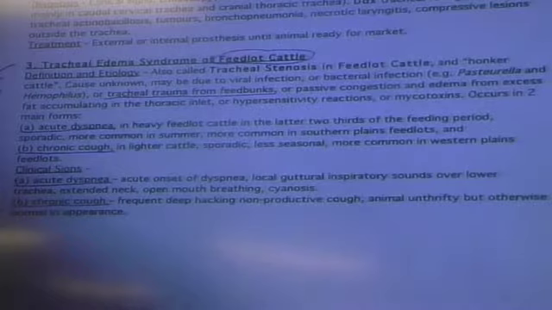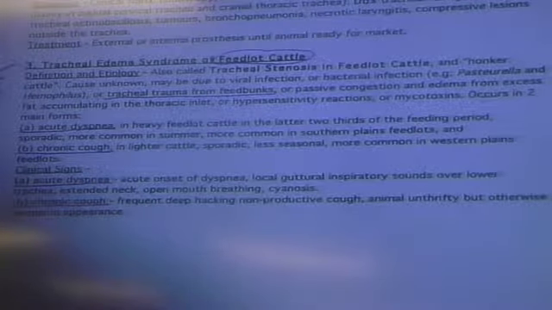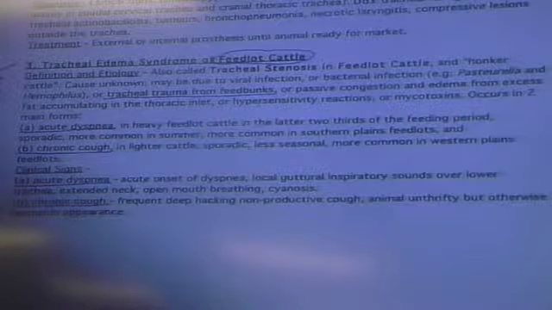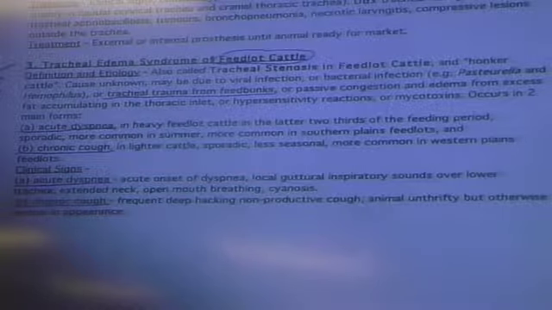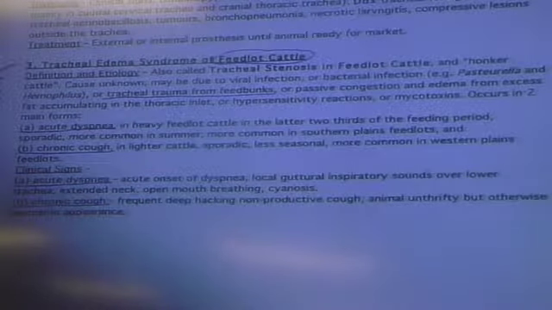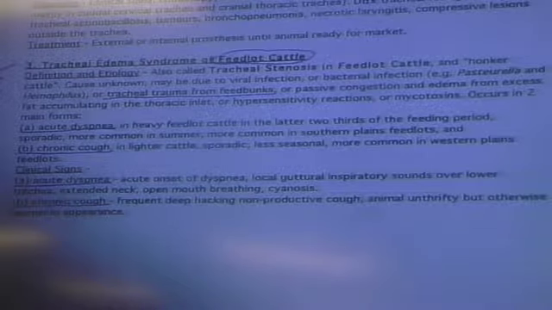So that's just a hypothesis that maybe reaching through the fence and constantly rubbing their necks on the concrete trough or the feed bunks may contribute to development of the disease. So bottom line is the cause is unknown.